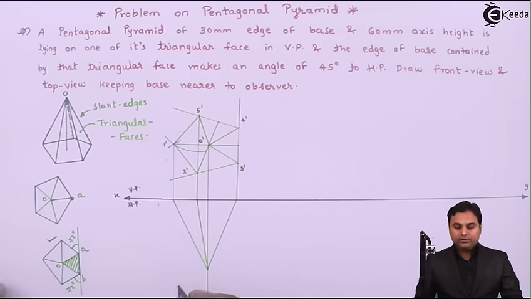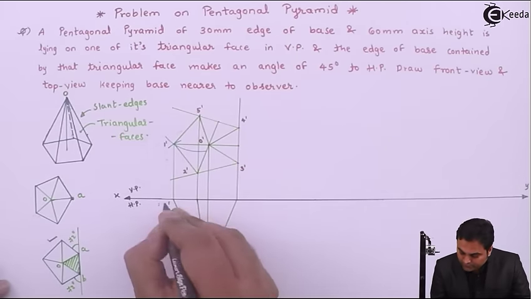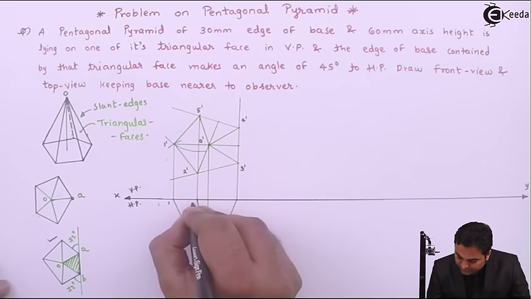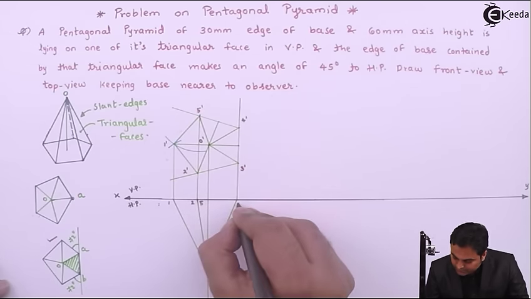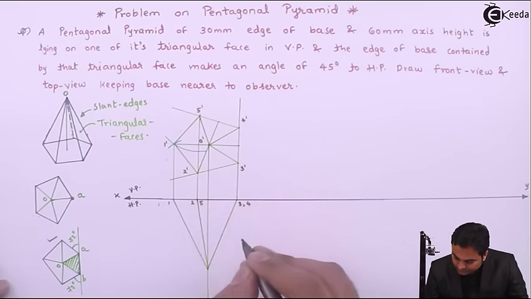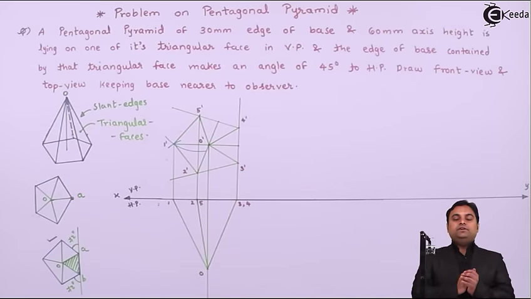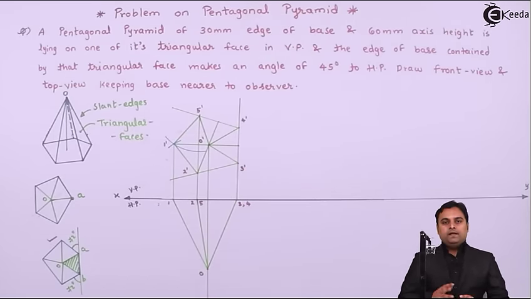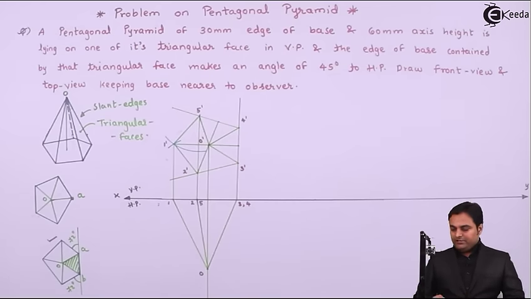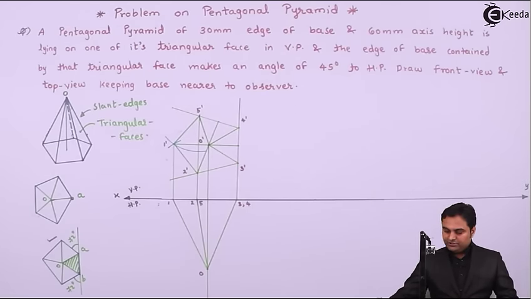Here also I'll give the notations. Point 1, this is 2 and 5. Here 3, 4, and this is the apex, point O. Once I have completed the front view and top view with a light line, I'll make it dark because this is the initial condition of the pyramid.